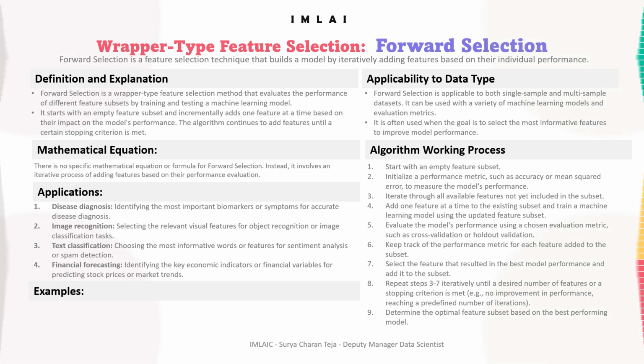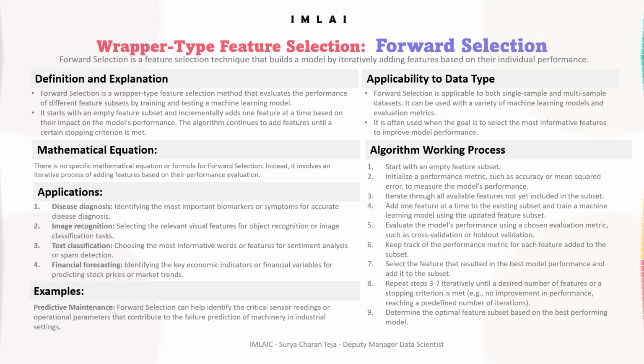spam detection. Forward selection can be used to identify the most relevant features from email messages such as subject lines, sender information, and content to build an effective spam detection model. And we have predictive maintenance also.